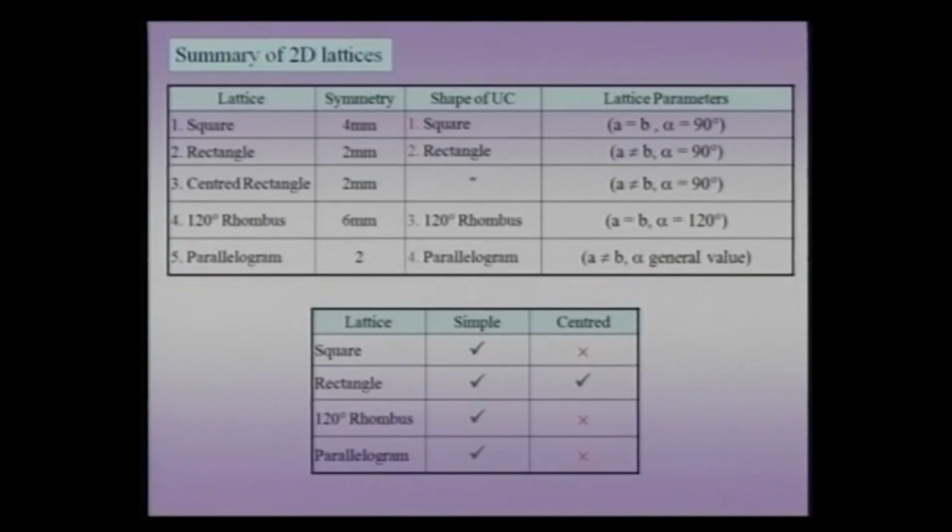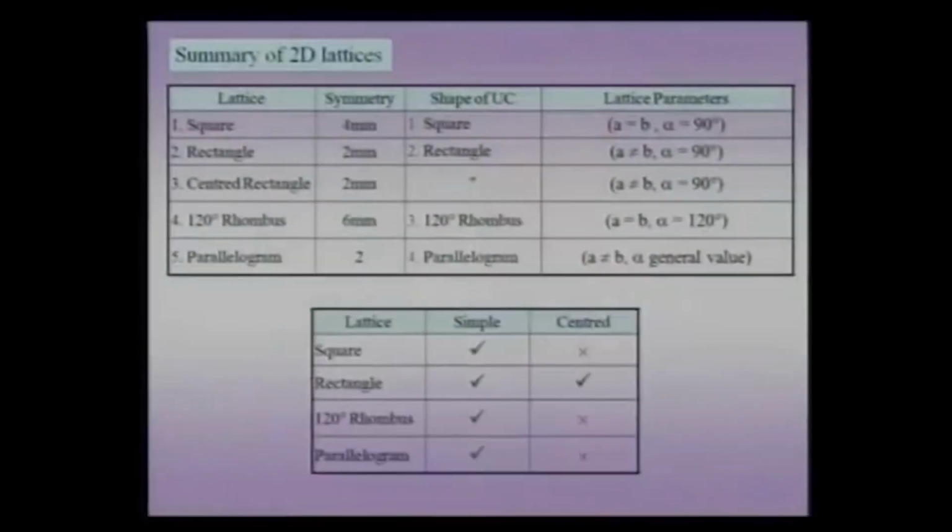Now let us summarize all the 2D lattices and look at their symmetry, look at the shape of their unit cell and also consider their lattice parameters. Additionally, there is a table at the bottom which tells us which of these lattices have centering possibilities and which of them do not.